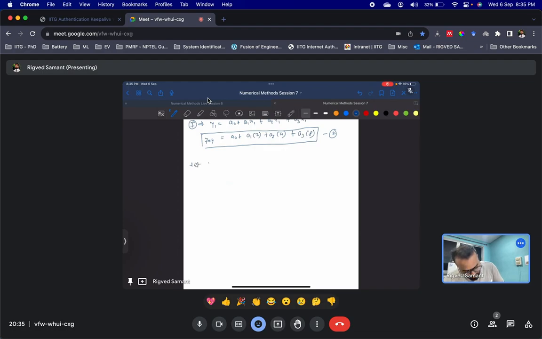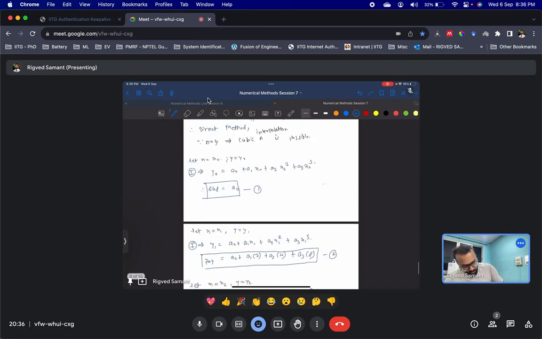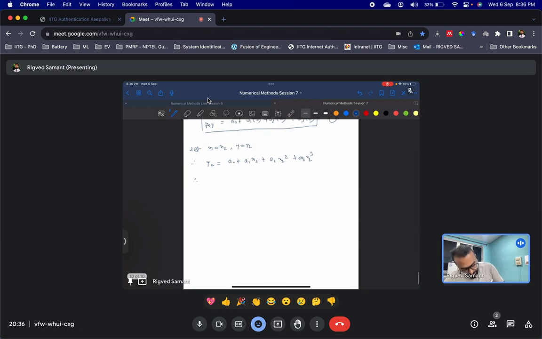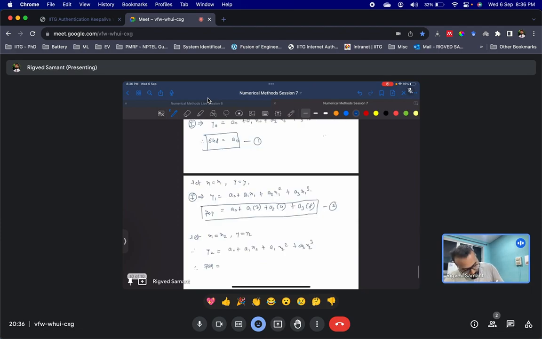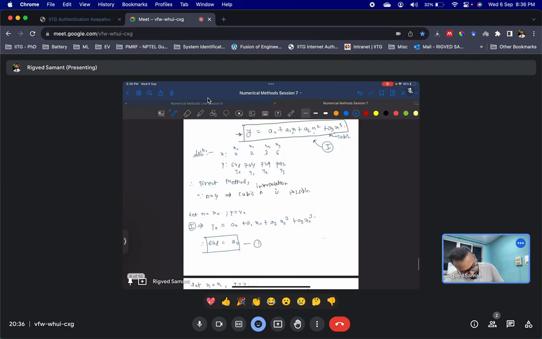Let now x is equal to x2, y is equal to y2. So y2 would be a naught plus a1 x2 plus a2 x2 square plus a3 x2 cube. What is y2? Y2 is 729, and x2 is equal to 3.